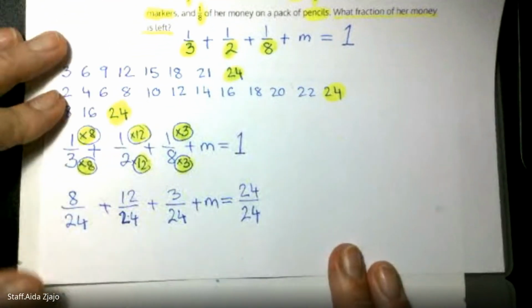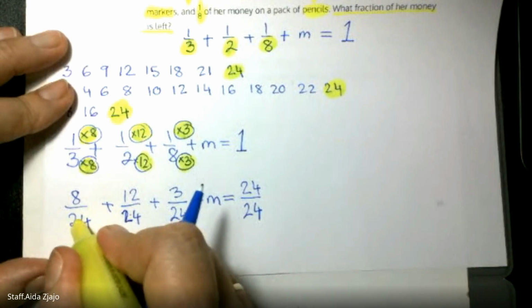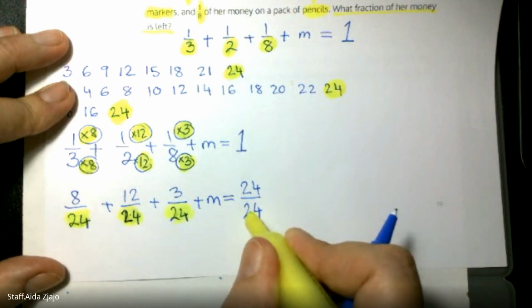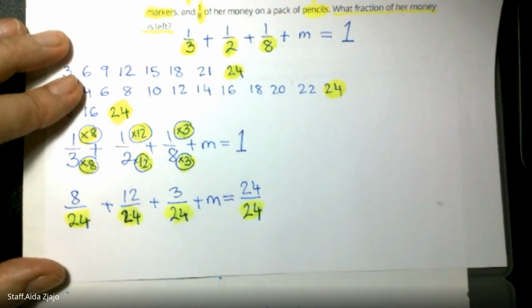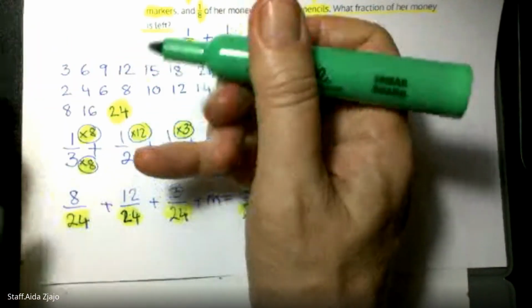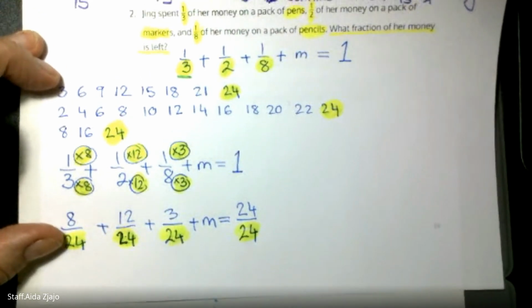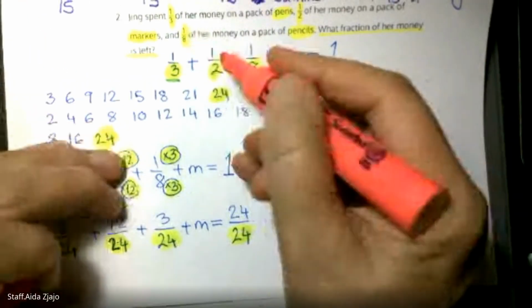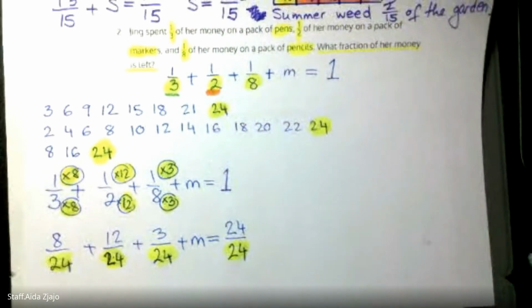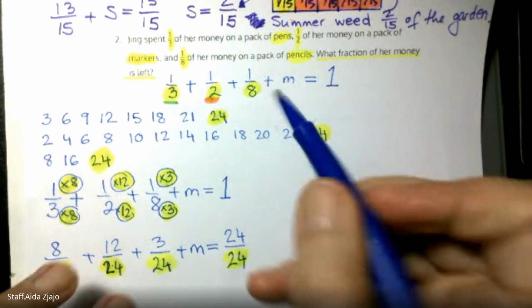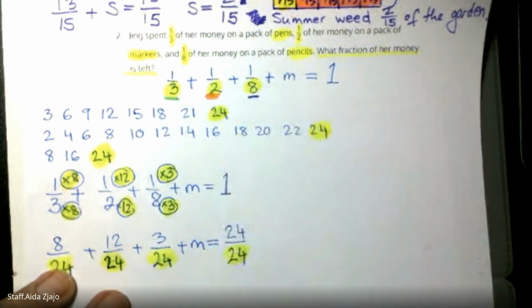When we add them, now the pieces are the same size, and we can add them. Before they weren't: these were thirds, these were halves, and these were eighths. So they were not the same size.